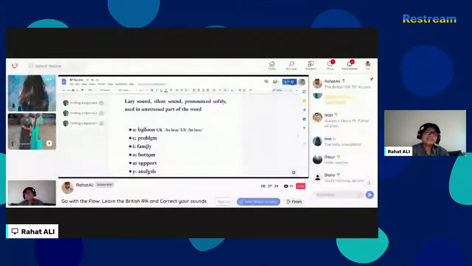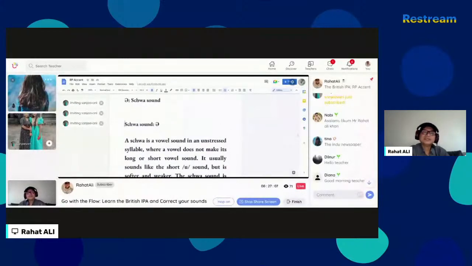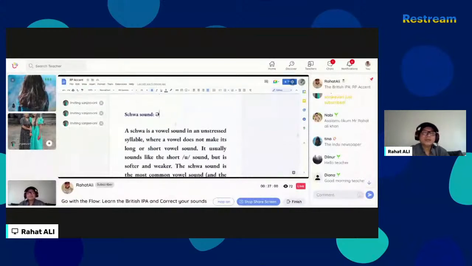Can you see the screen, a word I've written? Lazy sounds. Okay, this symbol is called the schwa sound. It's a vowel sound in an unstressed syllable where a vowel does not make its long or short vowel sound.